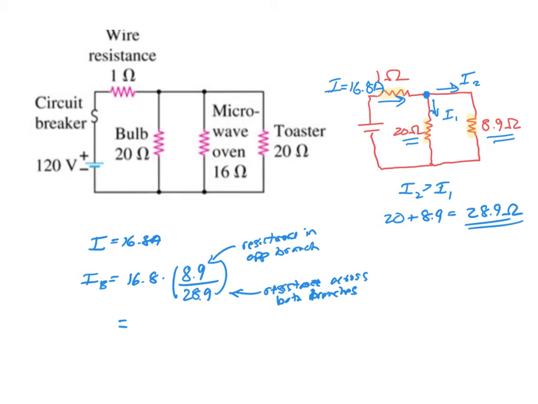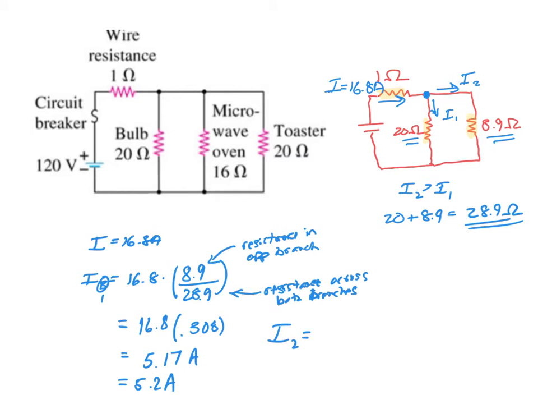So the amount of current that's going through that portion, it's 16.8 times 0.308, or 5.2 amps, just like it was before, just found it a different way. But now I can find out what I2 is by applying, I should have called this I1, not iBulb.